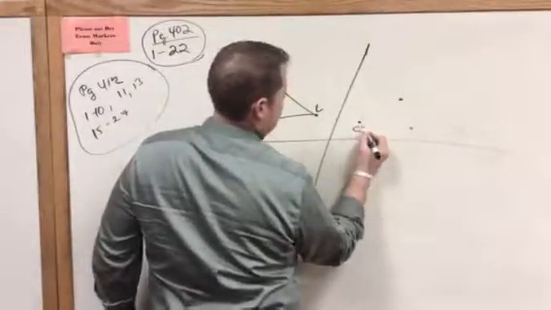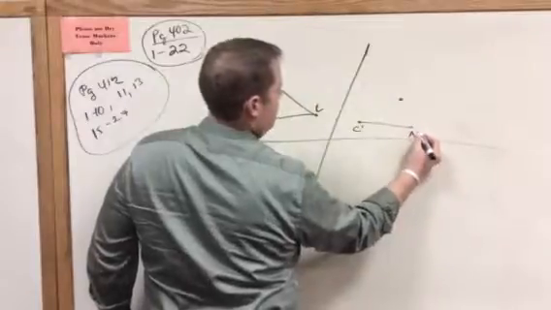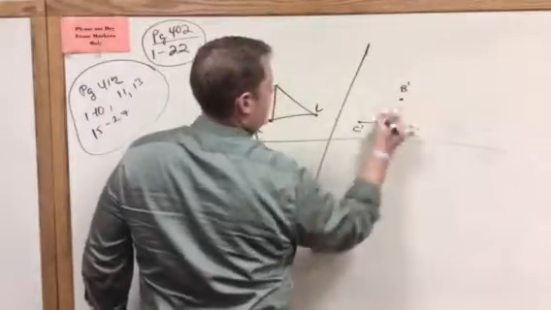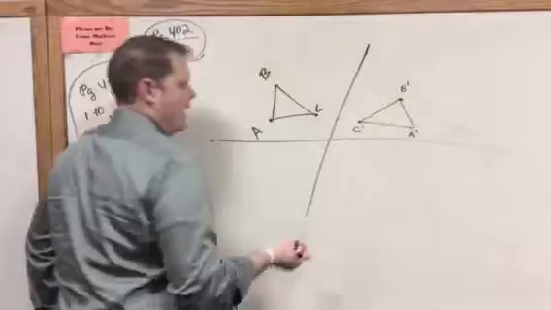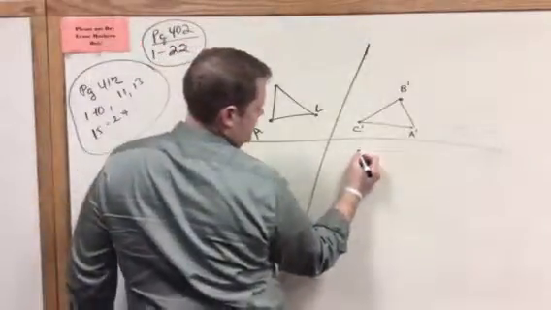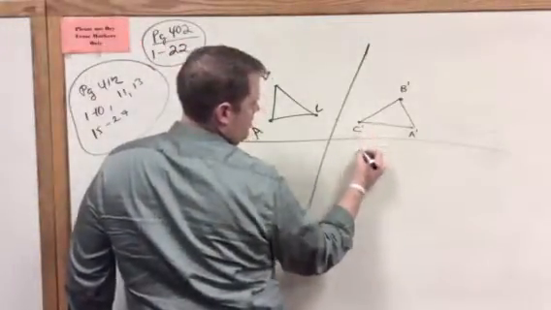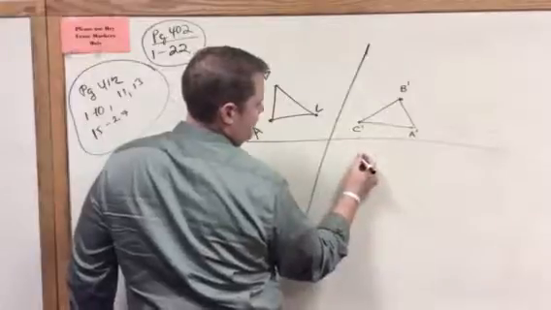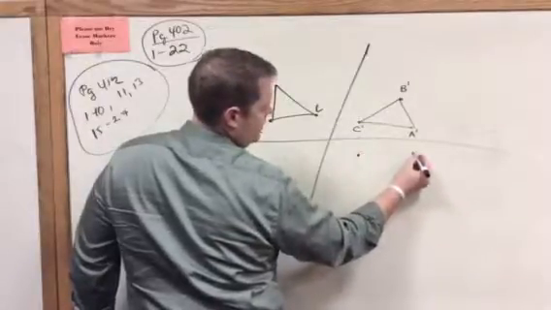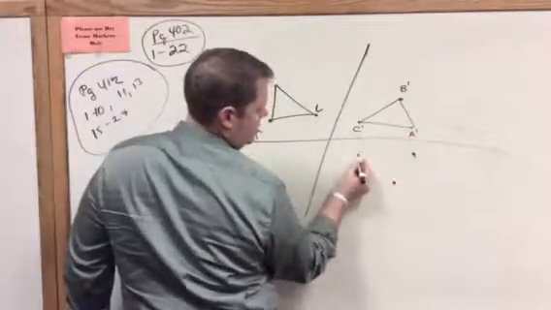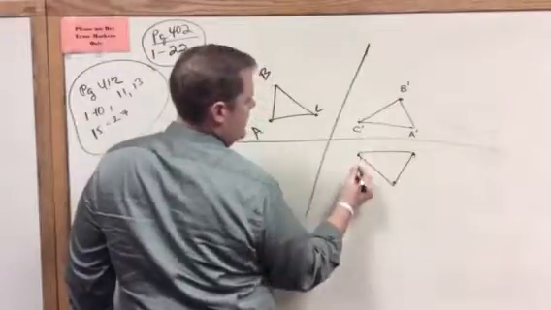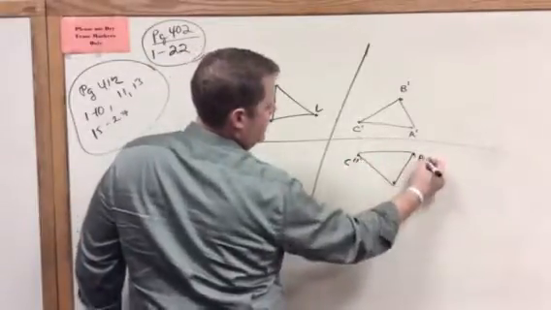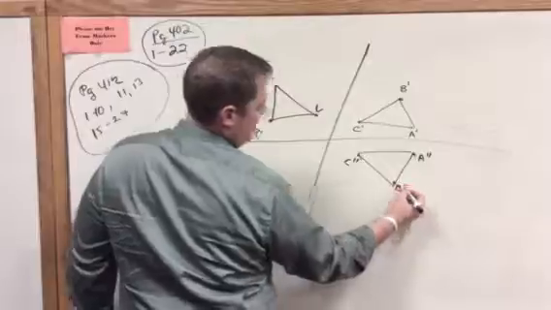So this is going to be C prime, A prime, B prime. And then whatever that is, flip it over, flip it over, flip it over, connect my dots, C prime prime, A prime prime, B prime prime.